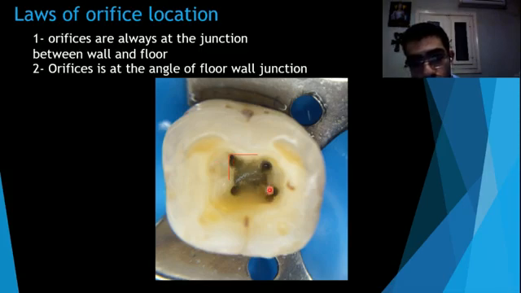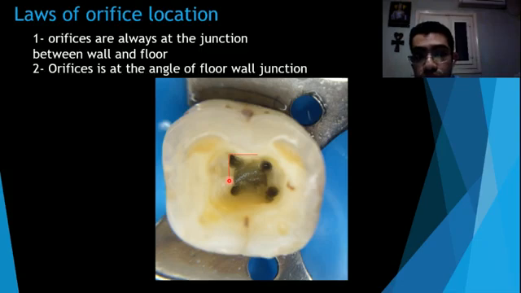This is for all the orifices. And the second law for orifice location is that the orifice is always at the angle of the floor-wall junction. So it's at the junction between the floor and wall, and always it is in the angle of the floor-wall junction.